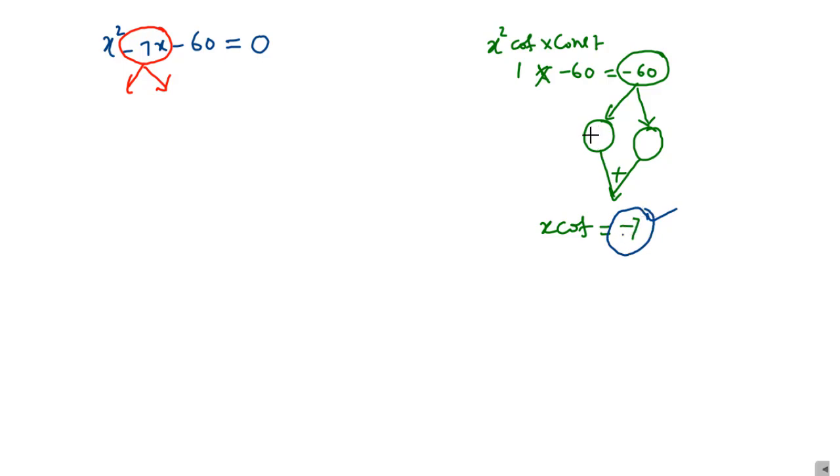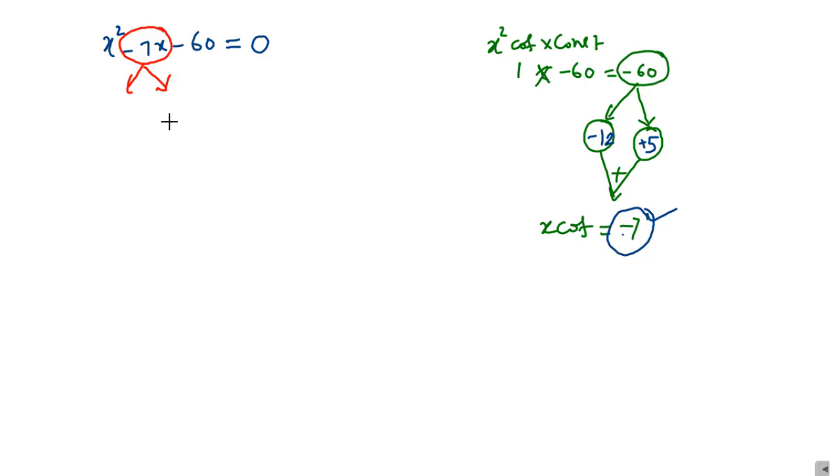So for the bigger factor we have to take negative sign, and for the smaller factor we have to take positive sign. To make sure all these conditions, here we can take 12 and 5. So by multiplying these two we get the product as minus 60, and by adding these two we get the sum as minus 7. So here we need to take minus 12 and 5 as the pair of factors for minus 60.